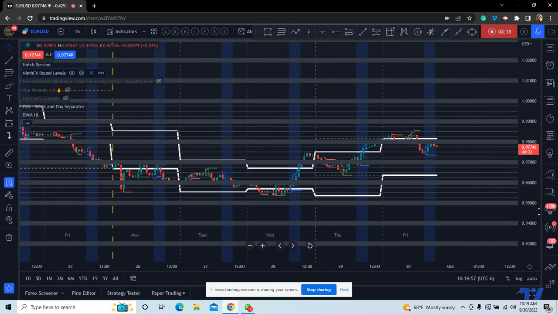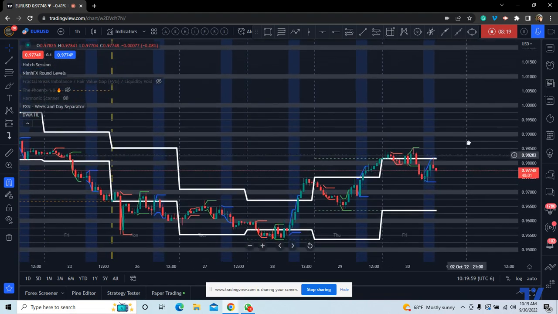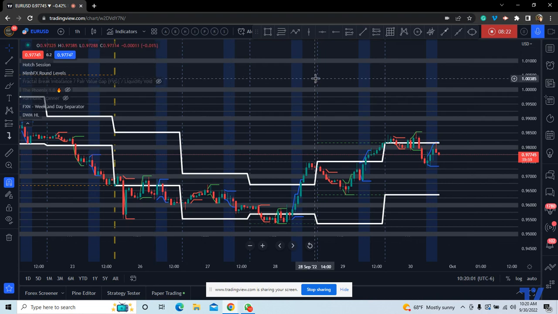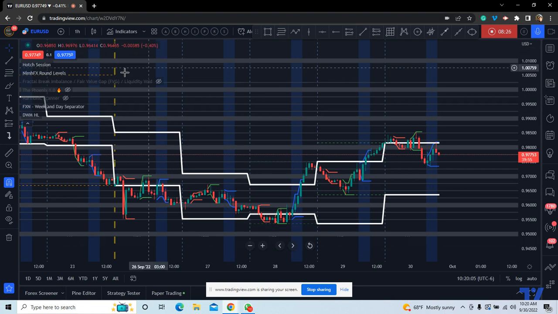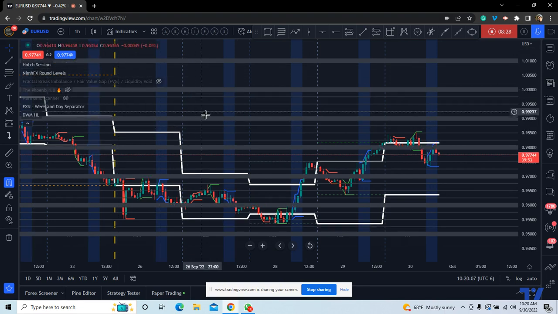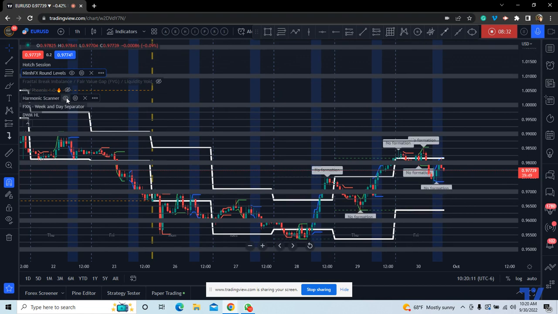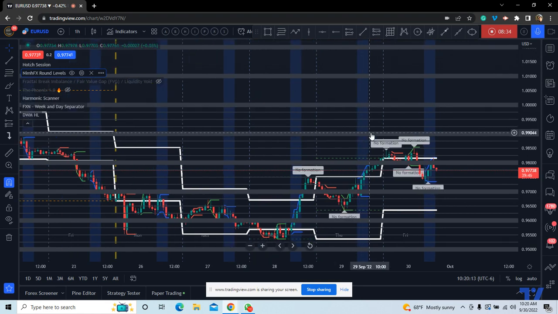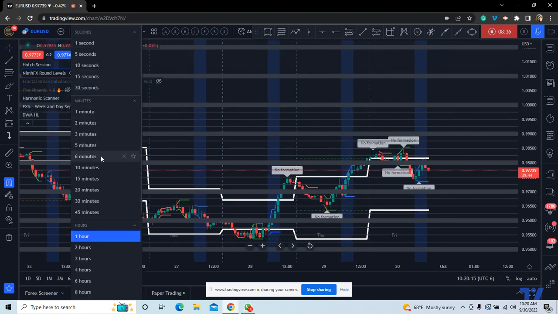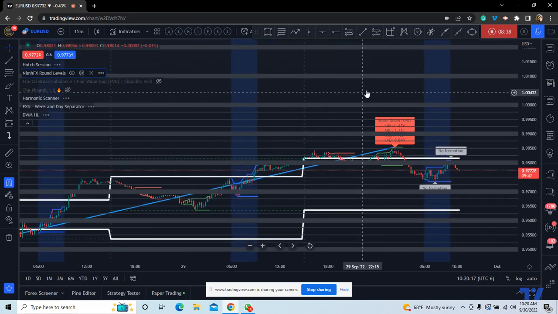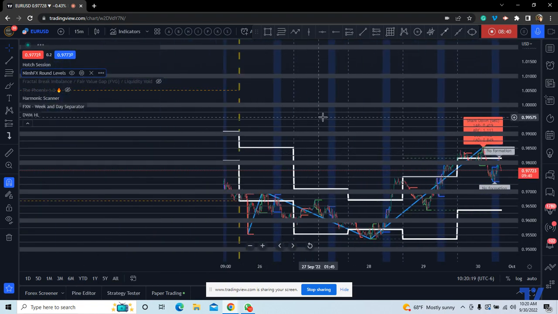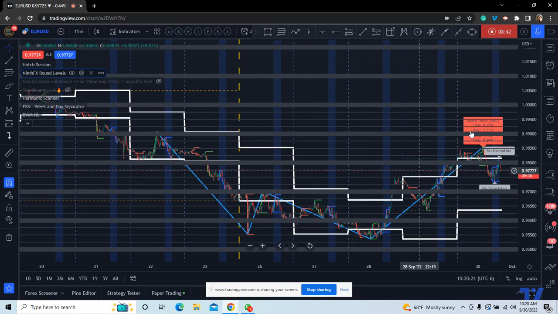Right, and then some add-ons which are not Stacey Burke methodology, but useful for me, and I'm just kind of experimenting with those. We've got the Harmonic Scanner, which basically is a nice little tool that will pick up on any harmonic patterns on the various time frames.